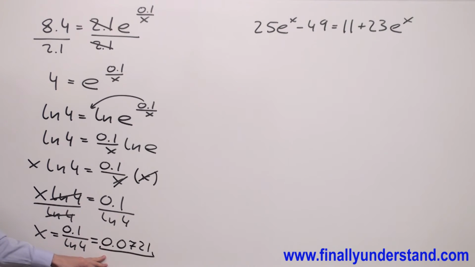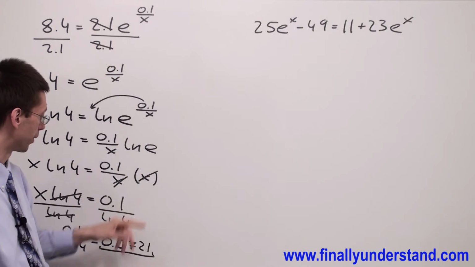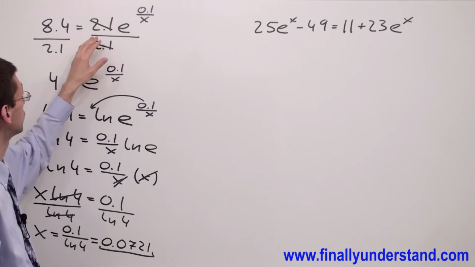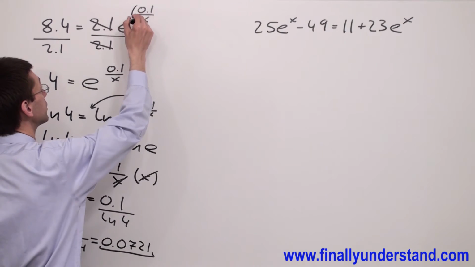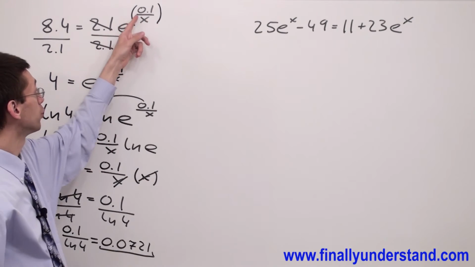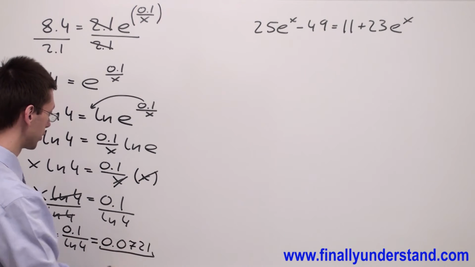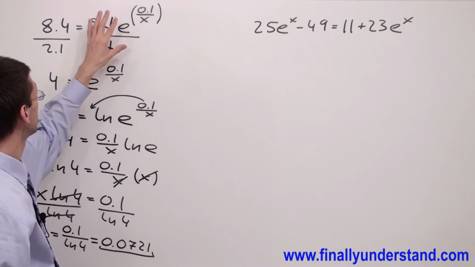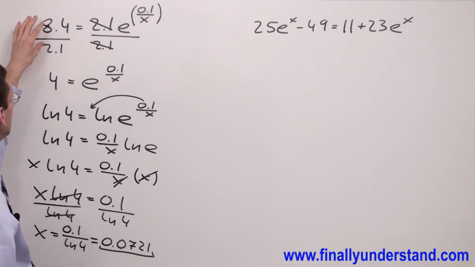If you want to verify the answer, you're supposed to exchange this x by this value and simply plug into the calculator 2.1e, and you're supposed to add the parentheses. 0.1 divided by 0.0721, close parentheses, and on the right side you are going to get the value, which is approximately equal to 8.4.